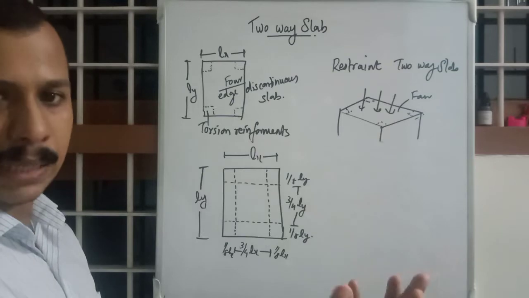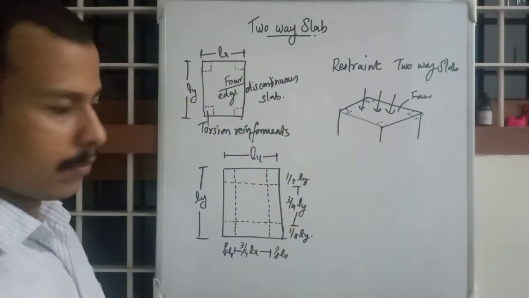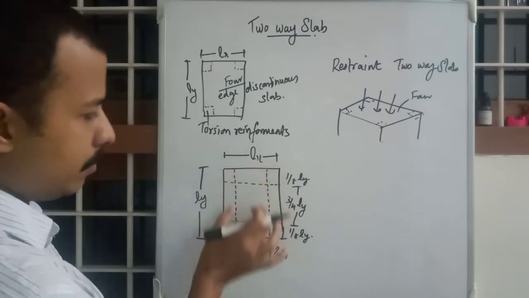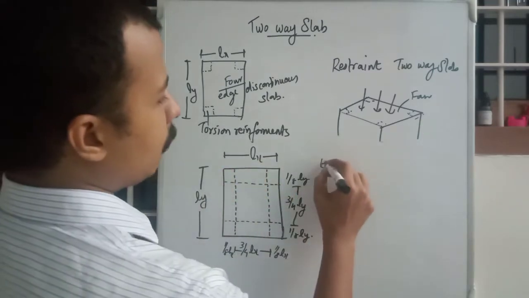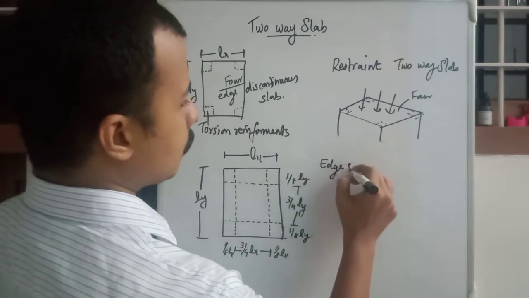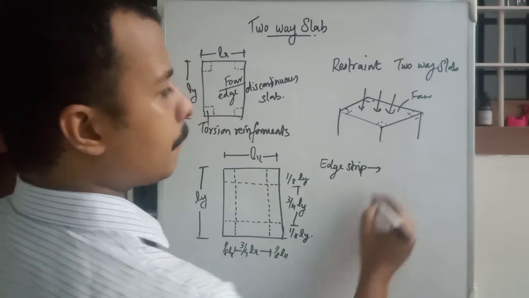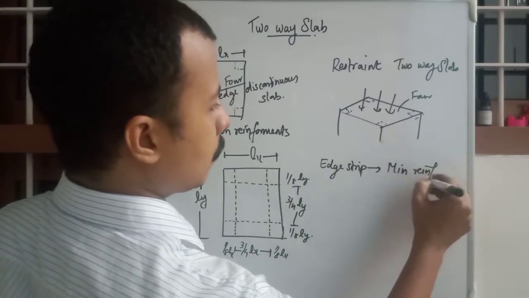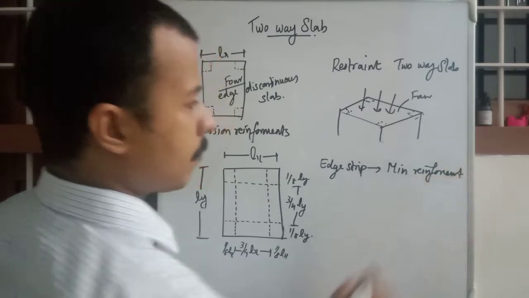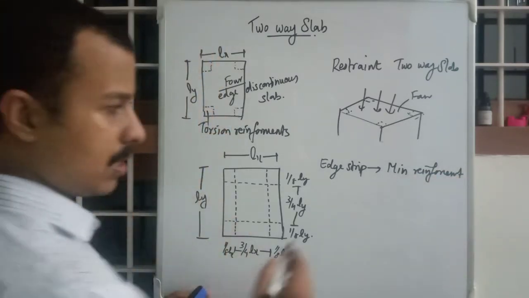With respect to that table we used for the simply supported 2-way slab, only the middle portion or middle strip we will be designing. The edge strip will always get minimum reinforcement. We know what minimum reinforcement is.